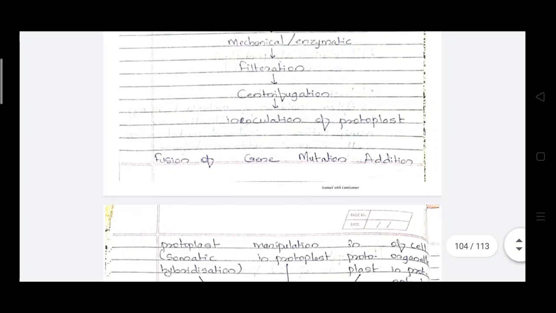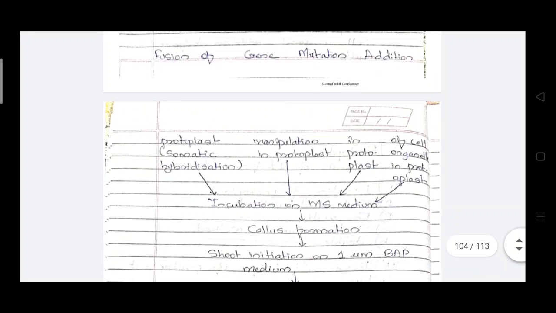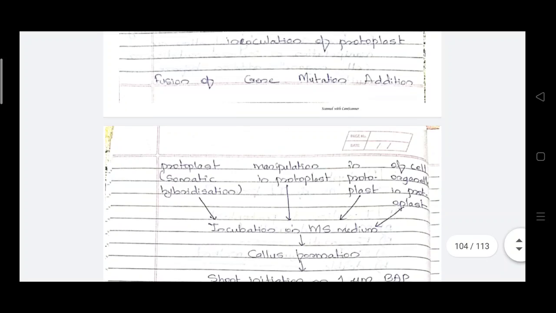So, fusion, gene mutation, or addition: protoplast fusion is known as somatic hybridization. Also, manipulation of protoplast is carried out.